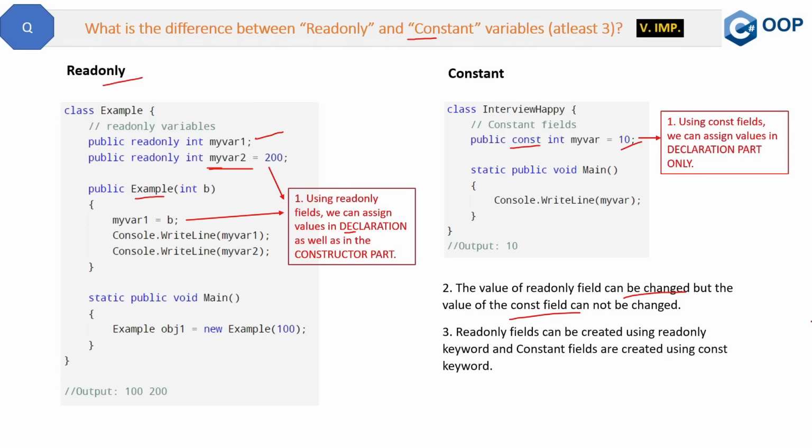Next, the obvious difference is, read only fields can be created using the read only keyword, and constant fields can be created using the const keyword. And the last one is, read only is a runtime constant and constant is a compile time constant.